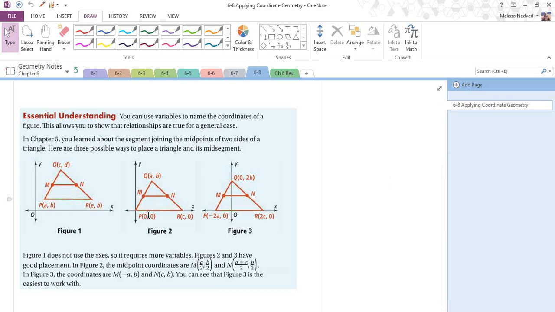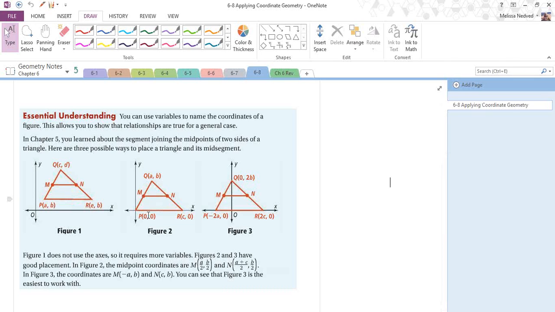And another way we can do it, if we look at figure 3, we've placed Q along the y-axis, and knowing what we know about the midsegment, we're able to say that Q is at the point 0, 2B because it's twice as high as our midsegment, and then we've got the point P at negative 2A.